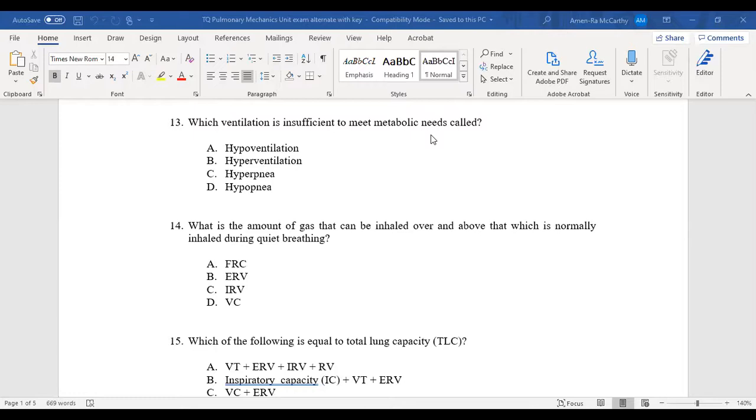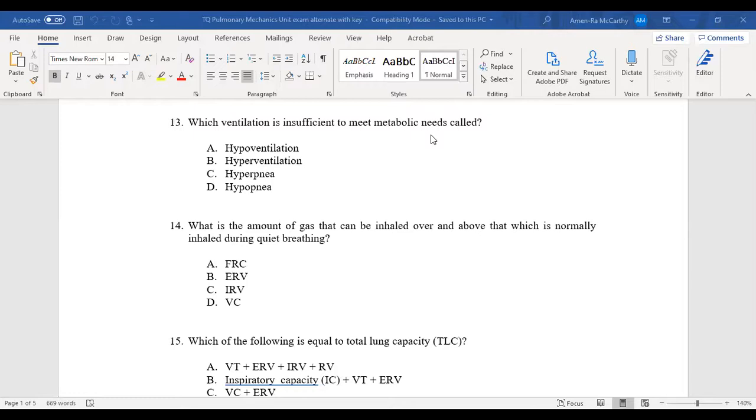Hypoventilation, guys. My metabolic needs are to get rid of CO2 because CO2 is a byproduct of metabolism. So when I'm metabolizing, I need to get rid of CO2. Which one of those ventilations is not getting enough CO2 off? That will be hypoventilation. If I'm hypoventilating, I'm not getting the CO2 off like my body needs.